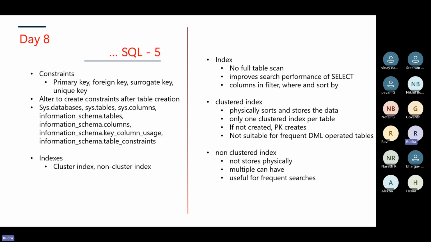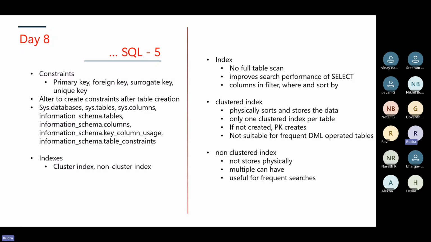The cluster index is something like this: when we have not created any explicit indexes, we just created a table and ignored that. By default, the primary key, one primary key will be there for every table, will be considered as the cluster index.